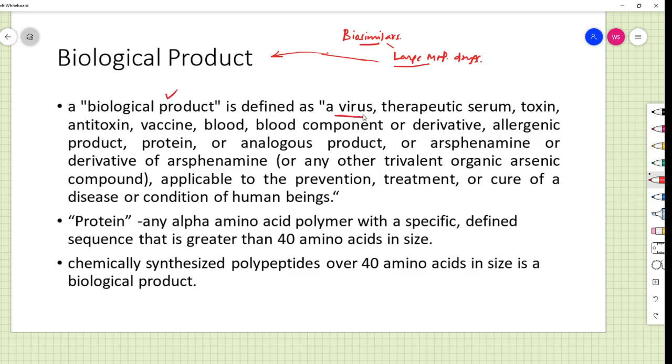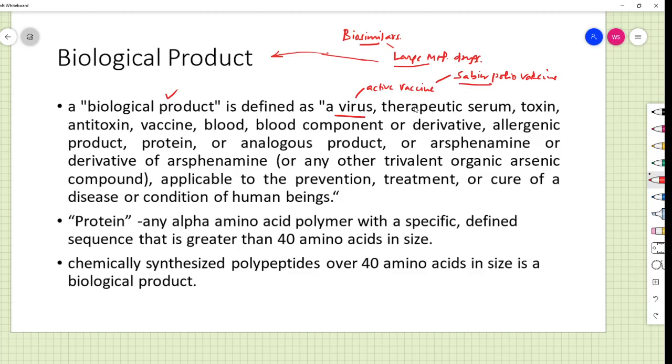It may be a virus. Think about an active vaccine, say the Sabin polio vaccine. The killed one is Salk and the live one is Sabin.